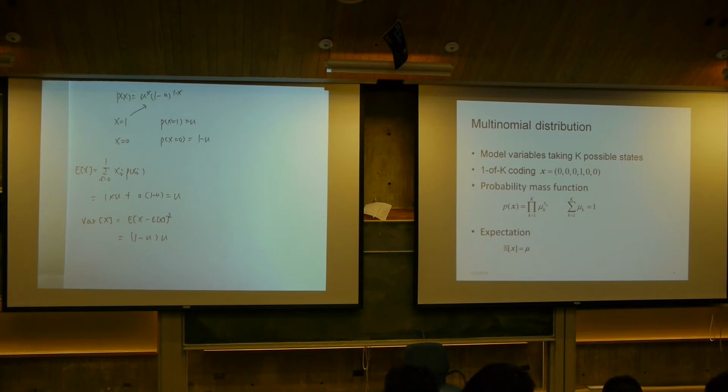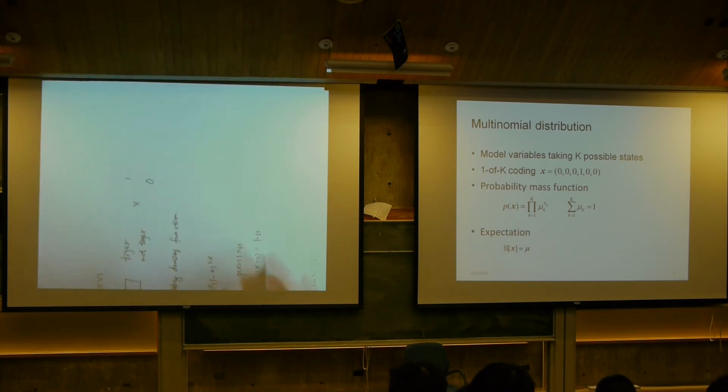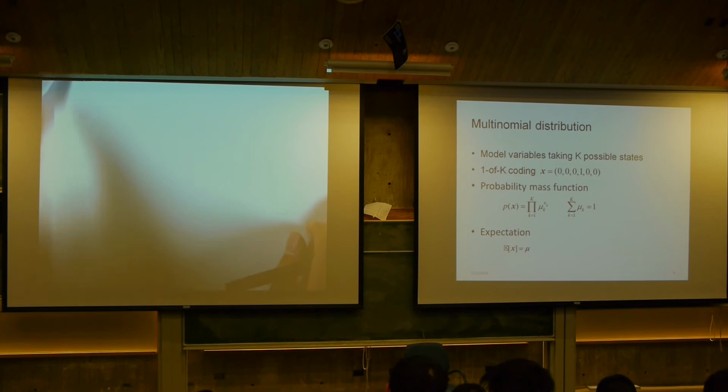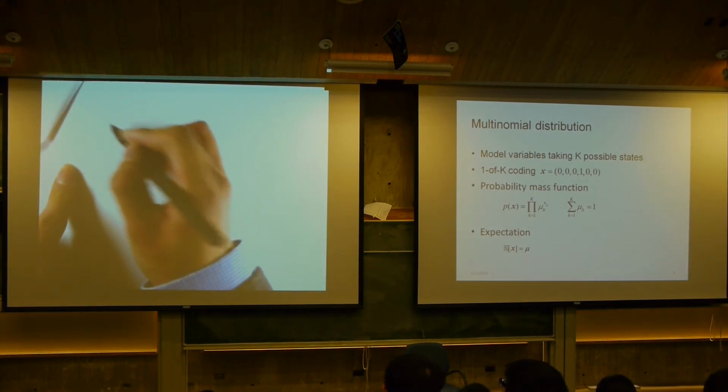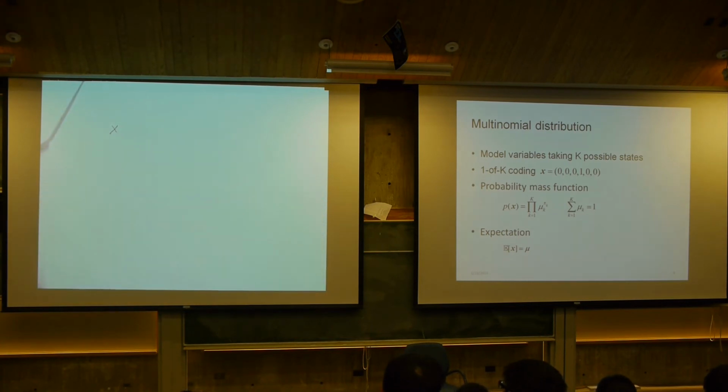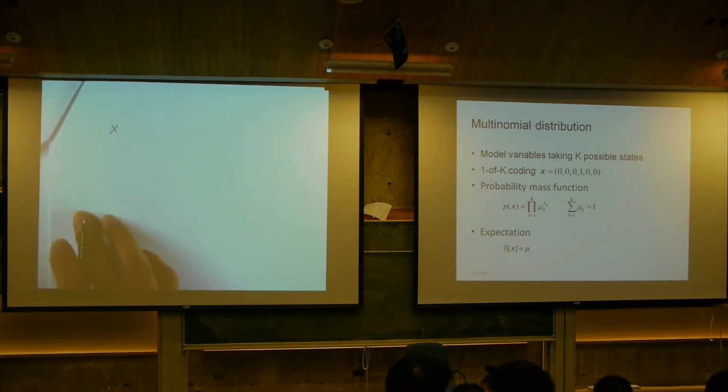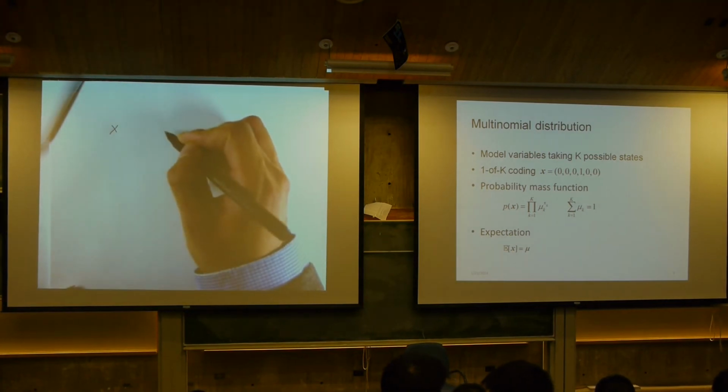One trick here: suppose x is a multinomial random variable, which means it takes a value from 1 to k.